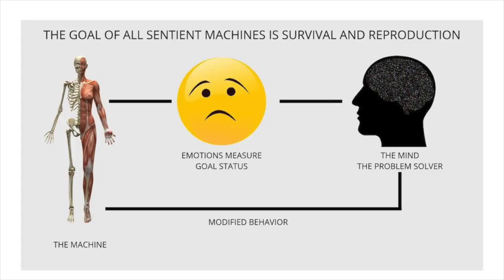There's no thinking. It's just the nerves in the nose connected straight to the emotional brain, and that is programmed to try and escape if it smells a cat. There's no, oh, there's a cat, I better run away. It's just totally driven by this emotional thing, this measure of the goal status, because a cat obviously is a direct threat to life.